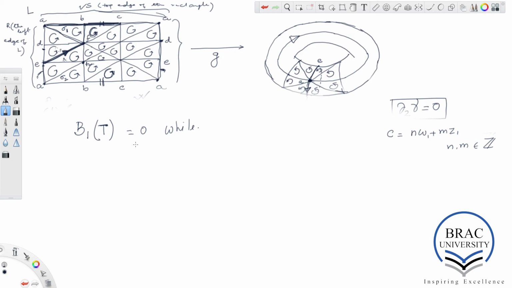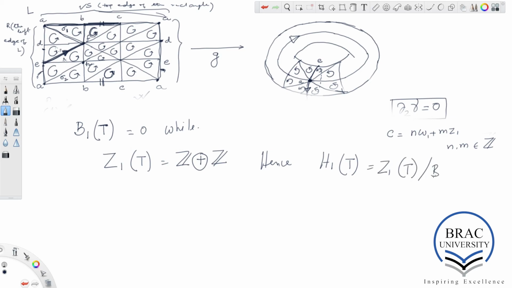So we have seen that Z1 of T, the group of one cycles, is nothing but two copies of Z, or Z direct sum Z. Hence, we conclude that the first homology group of the complex T, which is nothing but Z1 of T modded out by B1 of T, is isomorphic to Z direct sum Z.